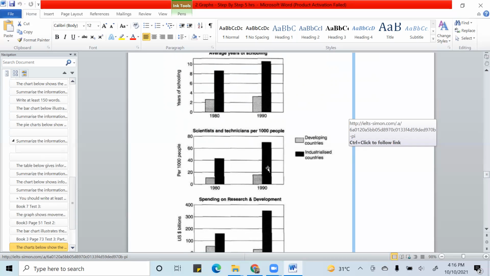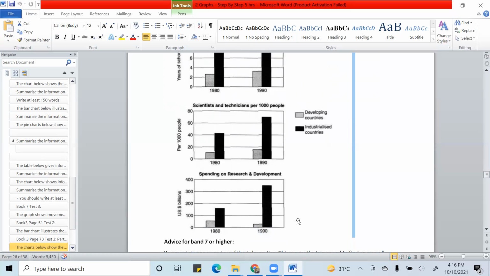The number of scientists has risen quite exponentially, we can say. It has been more impressive than the previous one, a more dramatic or drastic change. You can use these kinds of adjectives.